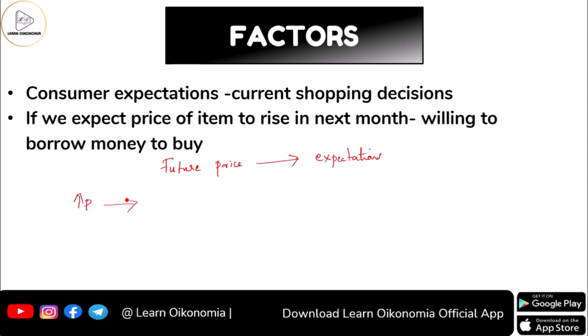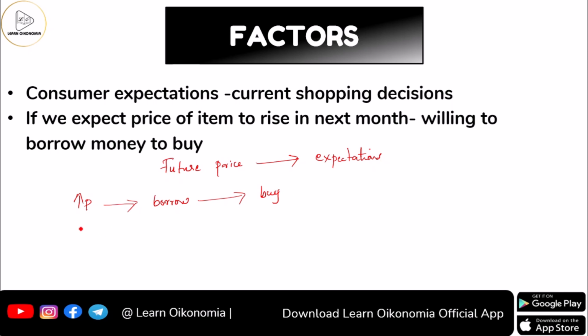Just assume that there is a particular commodity, we like it so much, so we actually love it. In that context, if we have a perception that there can be an increase in the price of that particular commodity in the future, if we expect in that manner, then what we do, even if we do not have money with us right now, we just go for borrowing, and we borrow and buy commodity now itself.